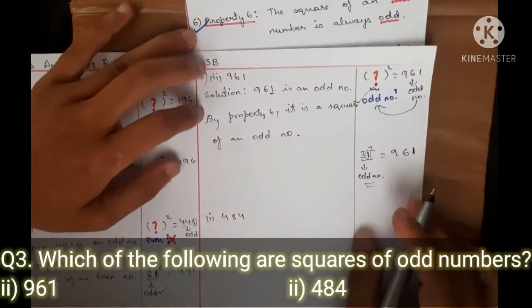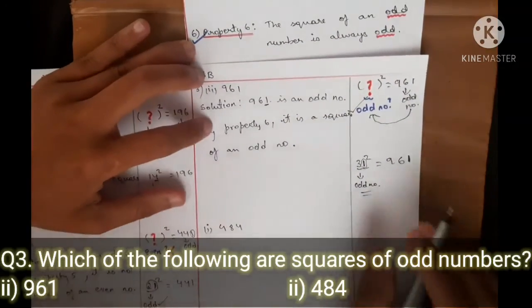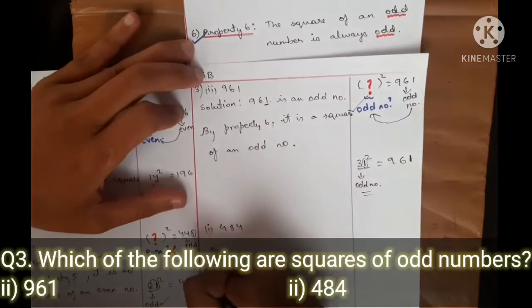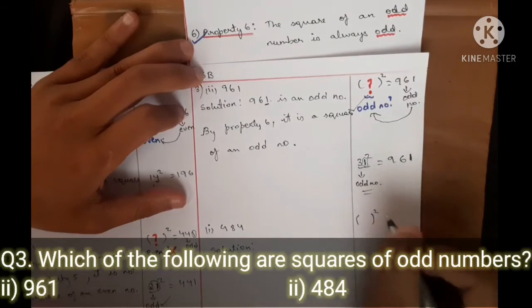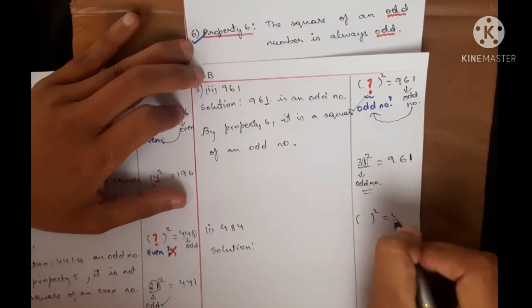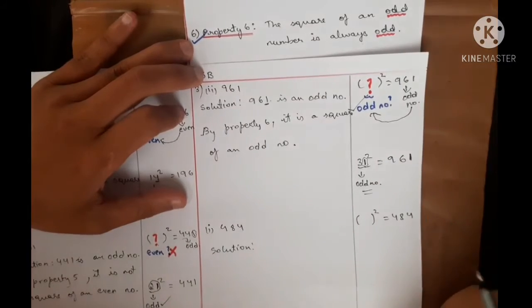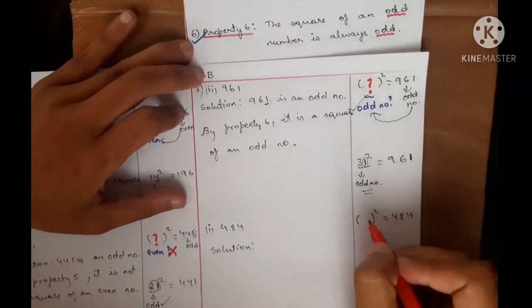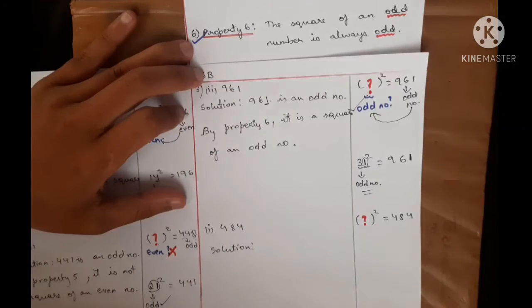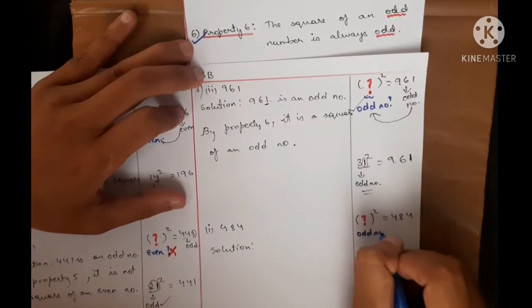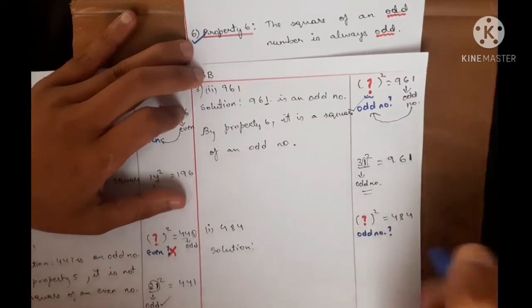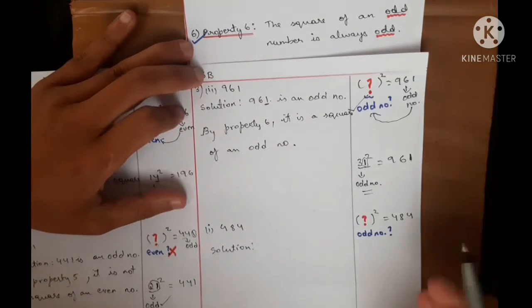Next, 484. Solution. Again, we have to find a number such that when you square it, you get 484. And is this number an odd number? We have to find out.